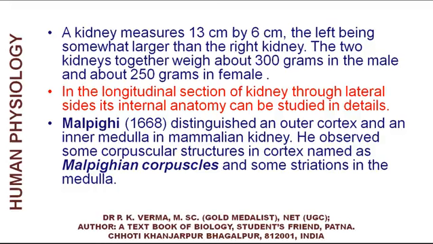In the cortex, he found granular structures that were named Malpighian corpuscles, but later on it was found that it is the glomerulus covered with the Bowman's capsule. In the medulla, there are fine striations radially arranged, and these are nothing but the long tubular parts of the nephrons that form the organ of excretion or the units of excretion.